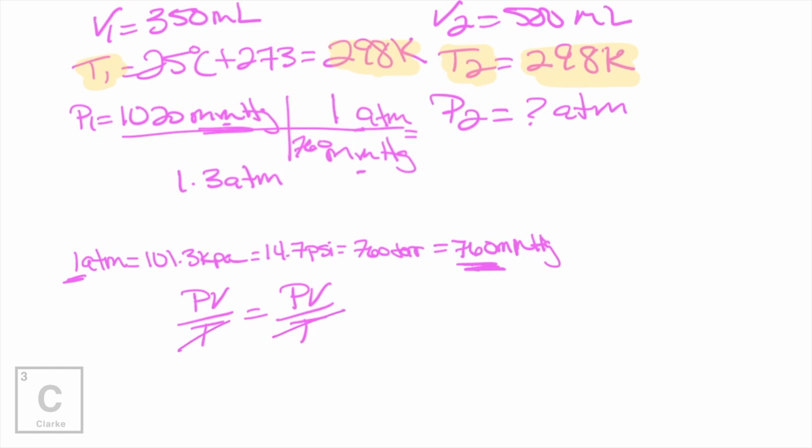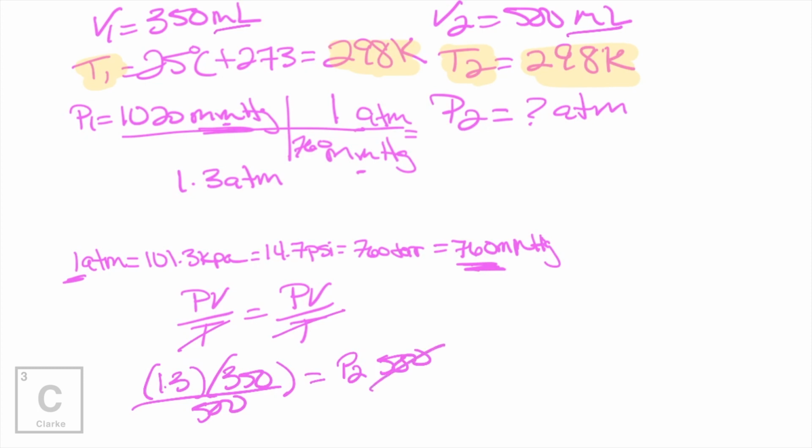Let's fill that in. Our pressure 1, that was 1.3 atmospheres. Our volume 1, that was 350 milliliters. It's okay that we're using milliliters because we're using the same unit on either side. For the other side, we're looking for pressure 2, volume 2, we've got 500. So we need pressure 2 by itself, so we're going to divide by 500.